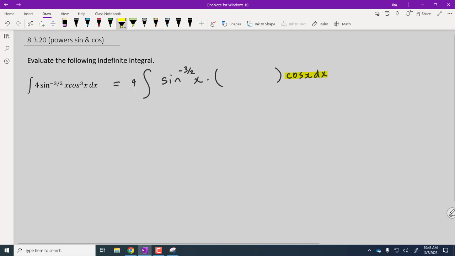And then we are using the cosine with the differential thinking that we'll let u be sine because then sine's derivative will be cosine over with the differential. So we want to have only sines left over here. So we're going to replace the cosine squared that's remaining after you pull off one cosine. That cosine squared will be 1 minus sine squared.